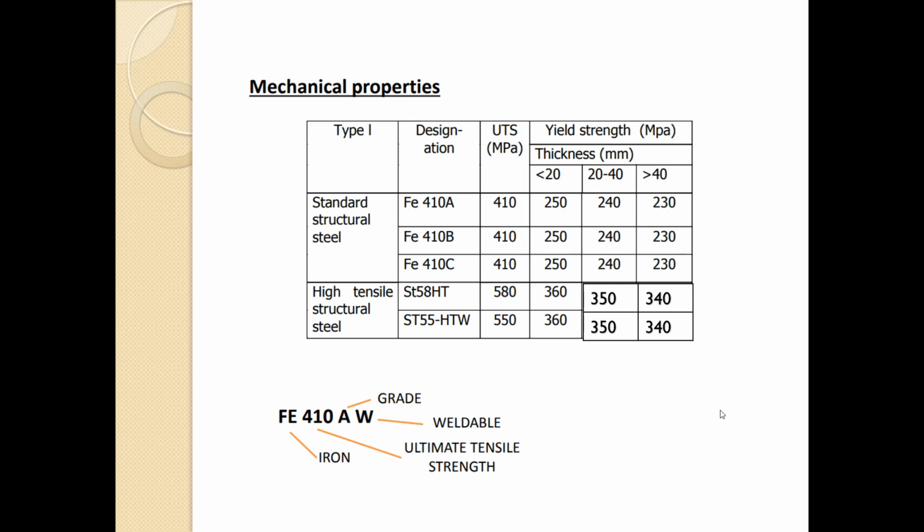In high tensile structural steel, ST stands for steel, 58 is the ultimate tensile strength, which is 580 or 550, HT stands for heat treated, and again W stands for welded.